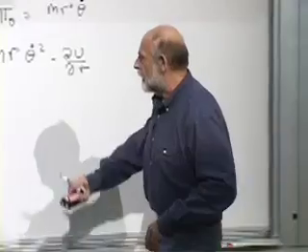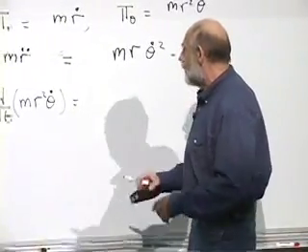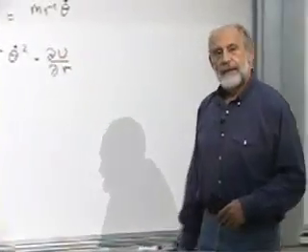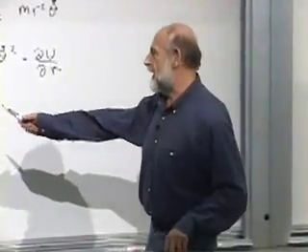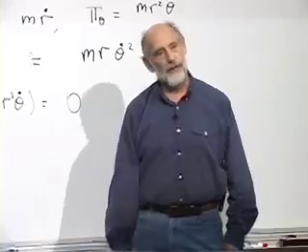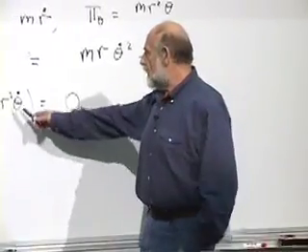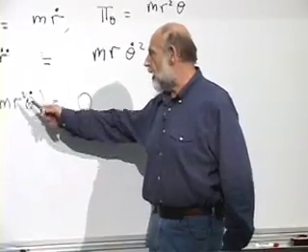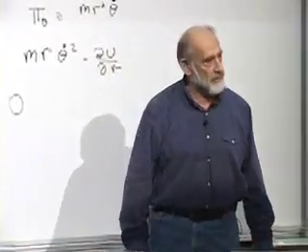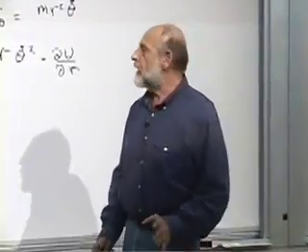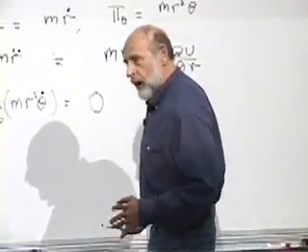In other words, rotational symmetry of the problem tells us that the right-hand side is 0. Now, I could work this out in detail, but why bother, since I know that what this equation says is that m r squared theta dot is a constant. Let's just use it in that form. It's a constant, and that means there's a conservation law.